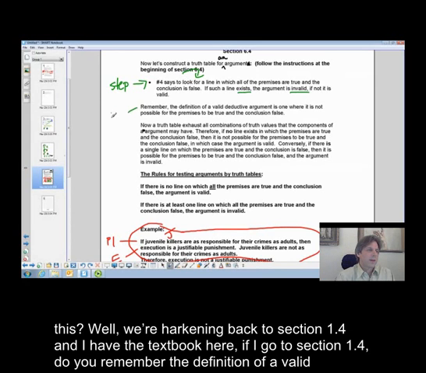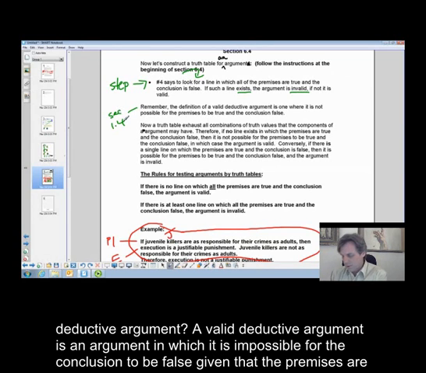Well, we're hearkening back to section 1.4, and I have the textbook here. If I go to section 1.4, do you remember the definition of a valid deductive argument? A valid deductive argument is an argument in which it is impossible for the conclusion to be false given that the premises are true.